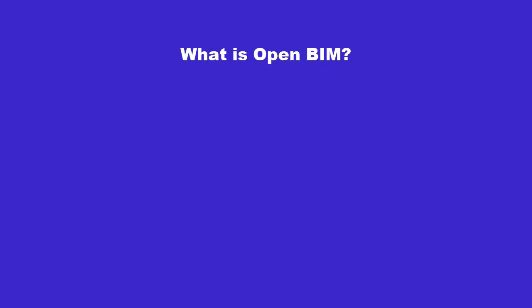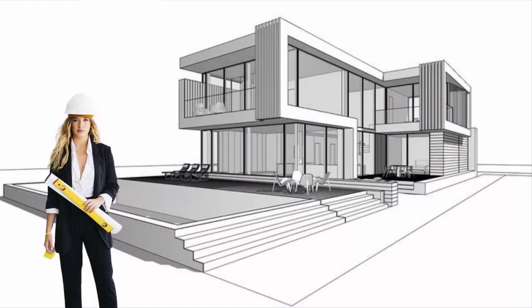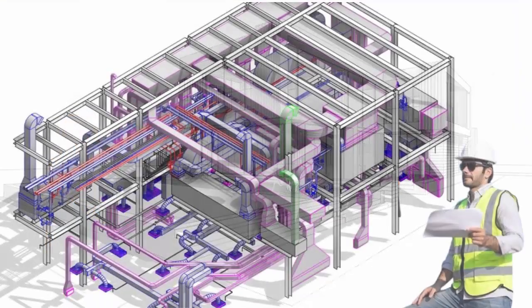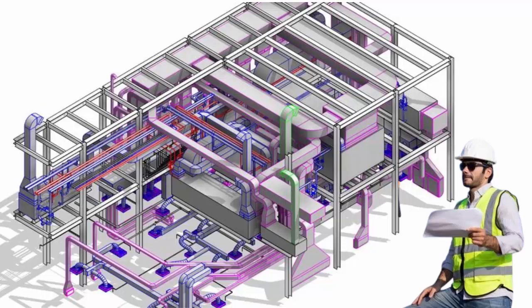Before understanding what Open BIM is, let's understand the process involved when you're designing any building. So of course it starts with the client initiative, then it goes to an architect. The architect is going to design the overall look and layout of the building. Then MEP engineers come into the picture, wherein MEP engineers are going to focus on mechanical, electrical and plumbing systems.